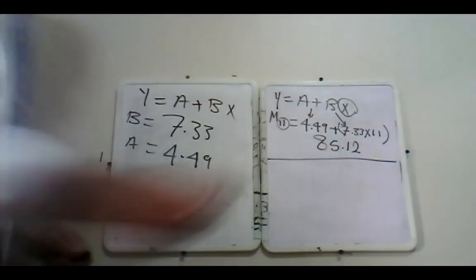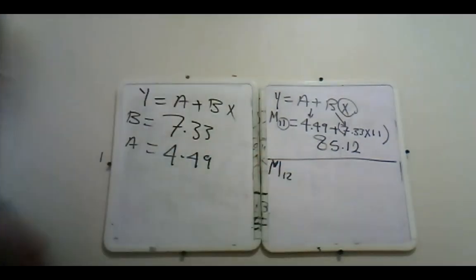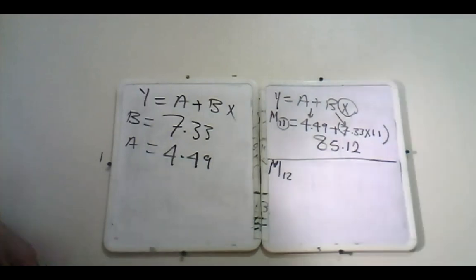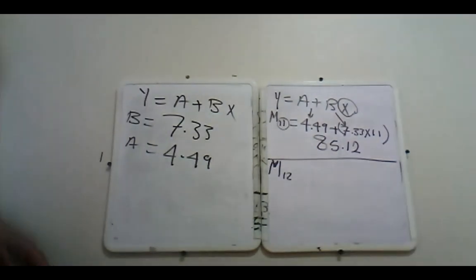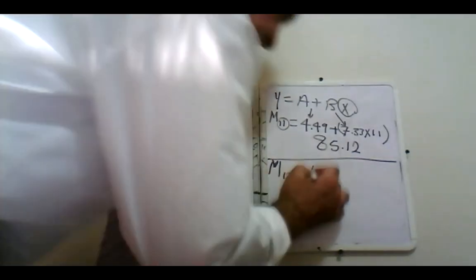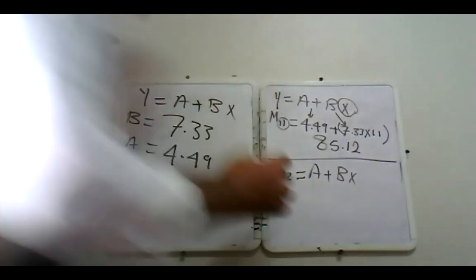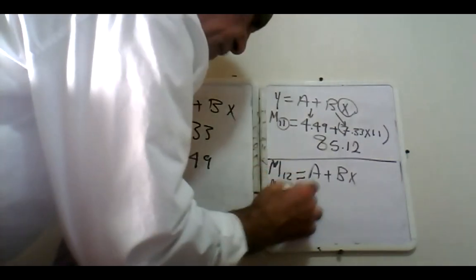Okay, if you want, can you do month number 12? Can you do this? Okay, do it, please. Okay, I will help here also. So it will be A plus BX. Months 12, we said A and B will never change.